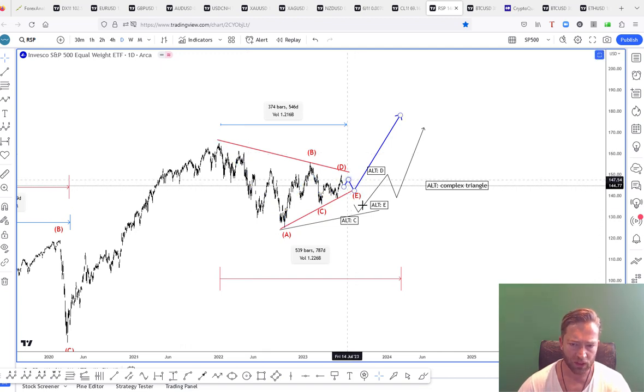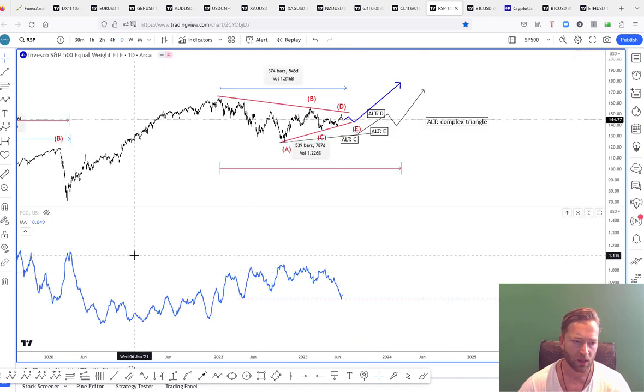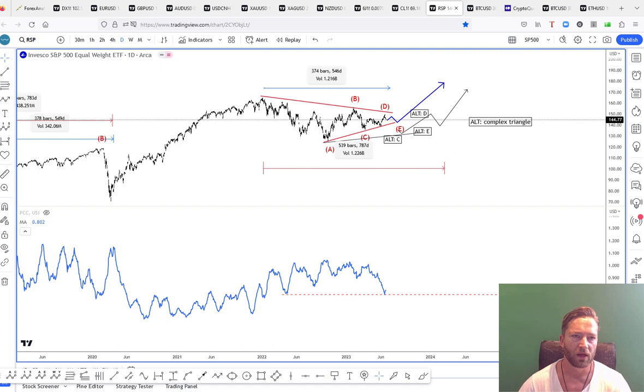So I would not be surprised for wave E to show up here, because if you look closely here below, I have this PCC, a put call ratio, a combination of both equities and indices. What this indicator actually tells us is whether traders and speculators are hedging their portfolios through options with puts or with calls.